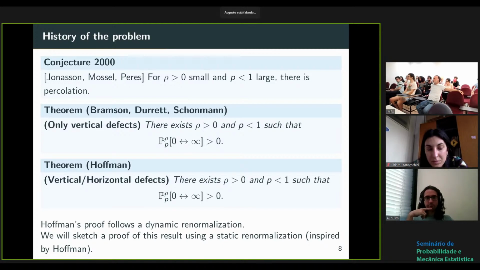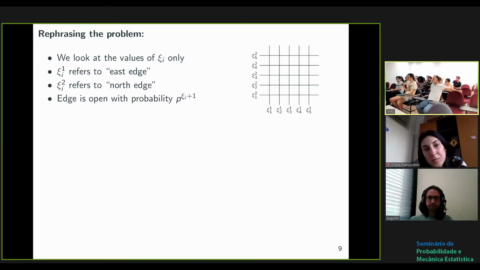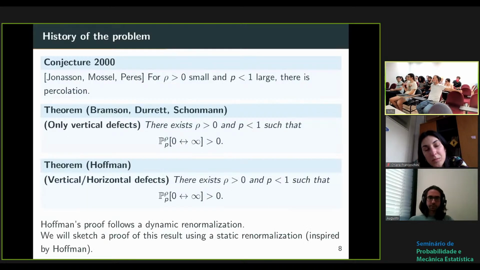So Hoffman is as sharp as it gets. You need geometric in both. If one of them is slightly heavier than geometric, the other one either has compact support, and then it's basically periodic, right? Or you don't have percolation. If you have Gaussian tail on one side, then geometric is still required on the other side. Exactly.